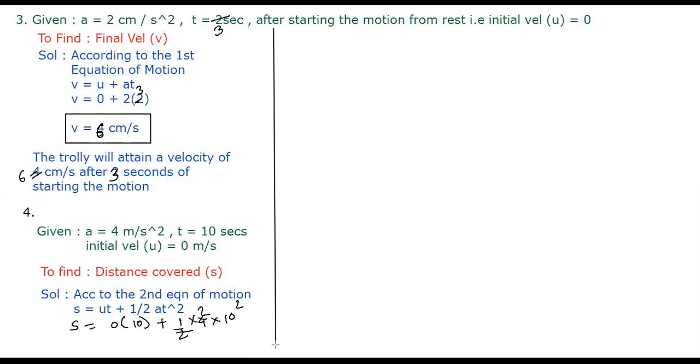So what is the answer? 400 meter. How come 400? 200. Yes, 200. Yes or no? Yes, sir. Then why do you say 400? s is equal to 200. 200 what? Meters. Yes. So what am I going to put over here?